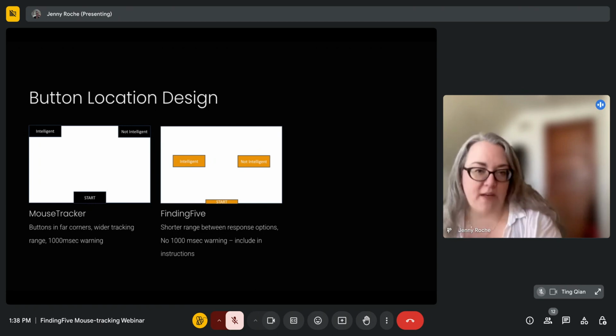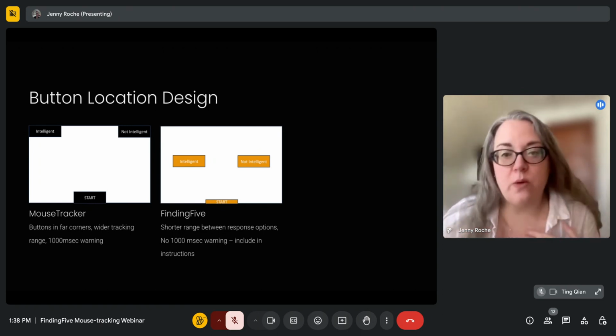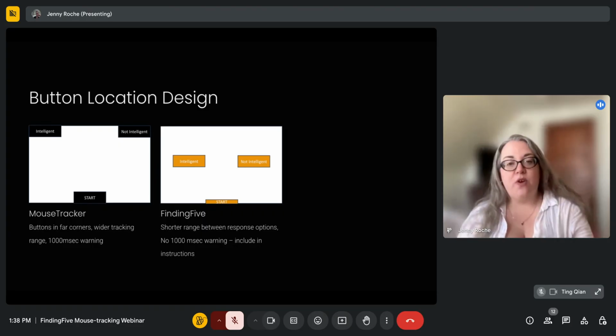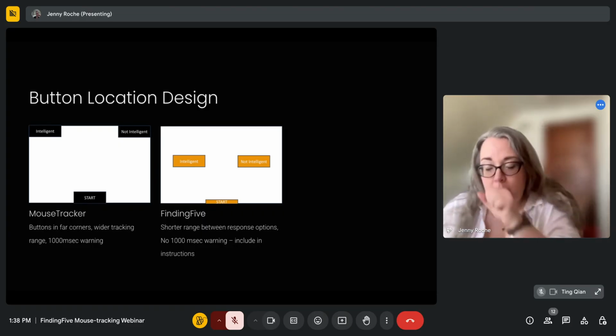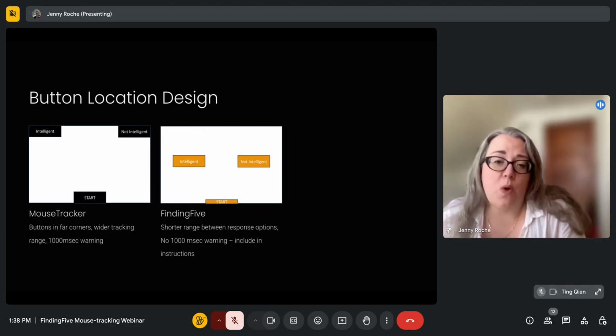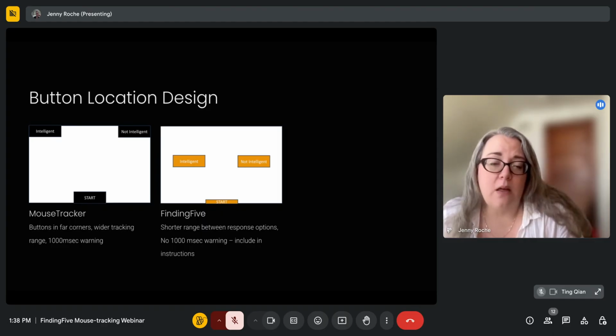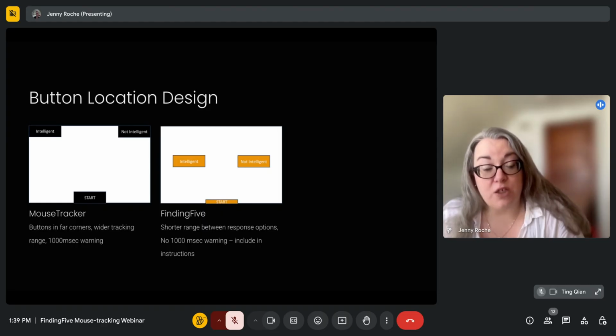We don't have that in Finding Five. So one of the things that we do is we tell them, please move your mouse cursor as fast as possible. The other thing that we do is post-processing when we're looking at the data. Any trial that has a mouse cursor initiation time longer than 1,000 milliseconds is automatically excluded.